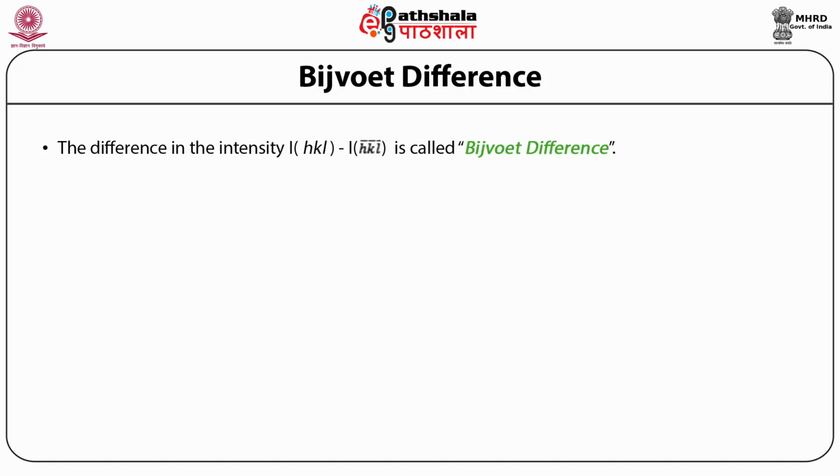The intensity difference, I of HKL minus I of H bar, K bar, L bar, known as the Bijvoet difference, has some use in crystallography. This difference is named after Professor Bijvoet, who found it, a great scientist from the University of Amsterdam, Nijmegen.